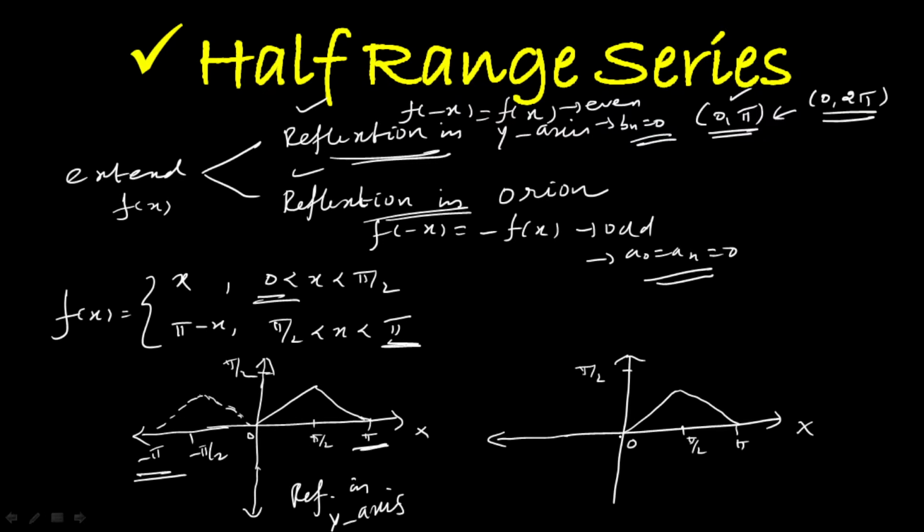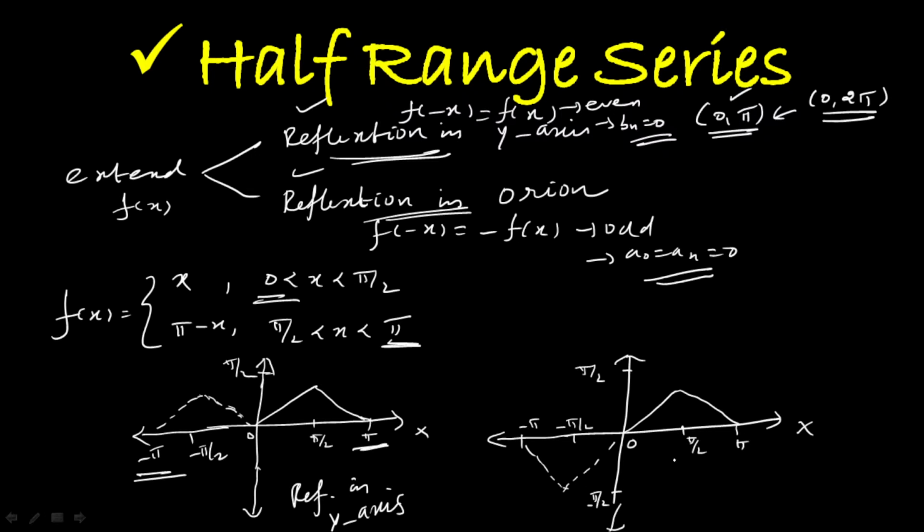The other way is to extend the same function by reflecting it in the origin. The reflection of the function in the origin seems to be like this, isn't it? This is the point pi by 2, minus pi by 2, and pi.